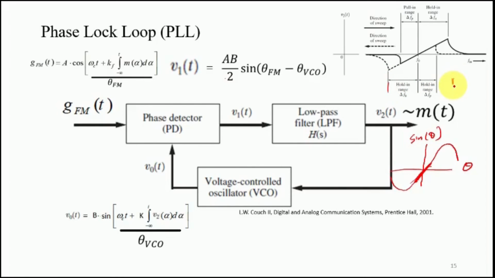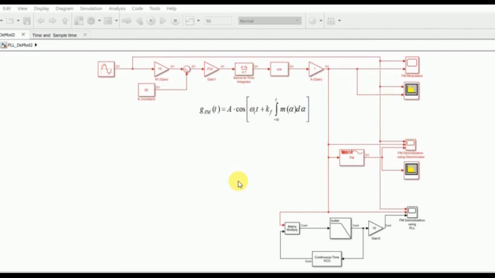Next, we would look into a Simulink environment to have some further insights on the phase lock loop. In the Simulink environment, previously we generated a frequency modulated signal using a set of blocks, and then we fed the output of the frequency modulated signal to a demodulator, specifically a discriminator, and observed the detected signal in the time domain as well as in the spectrum domain.